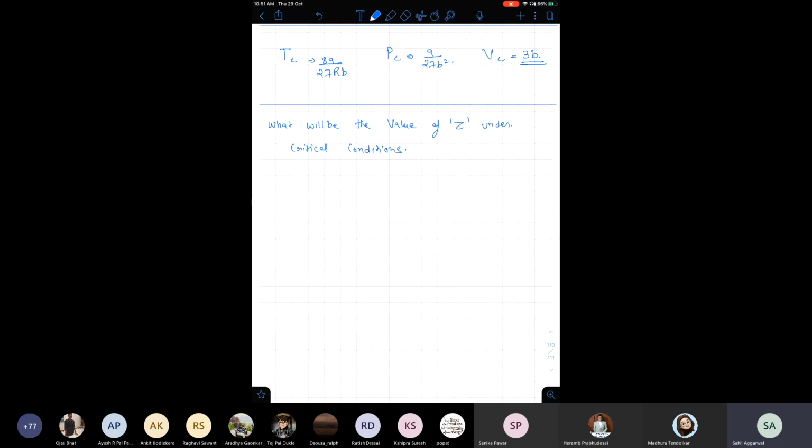Compressibility factor. Very good मंगेश, संजना, साक्षी. ठीक है, तो Z था PV by RT. तो उसको क्रिटिकल कंडीशन में क्या लिखेंगे? PC VC by RTC.